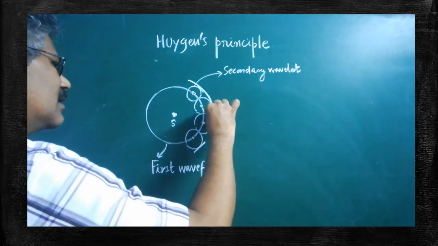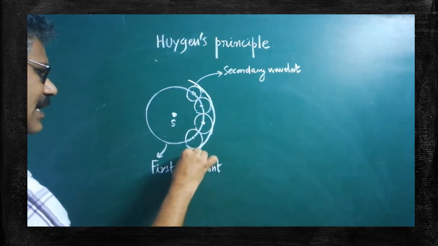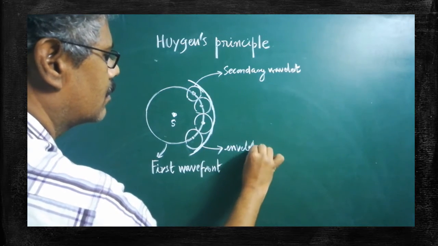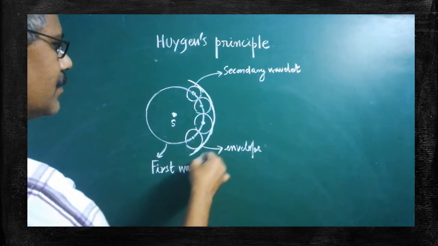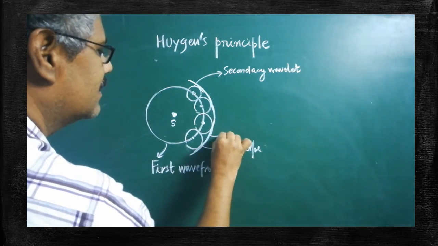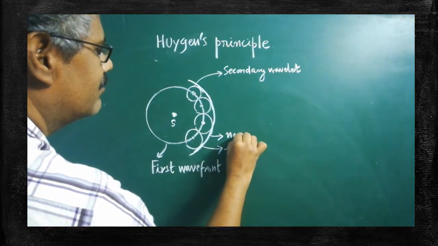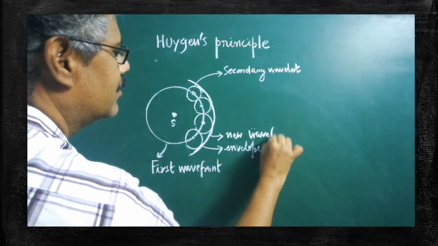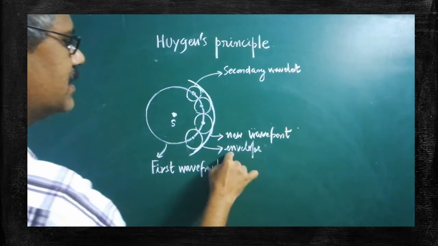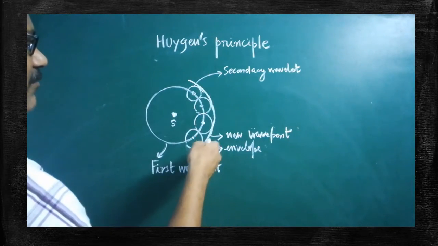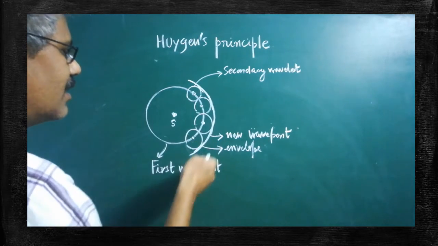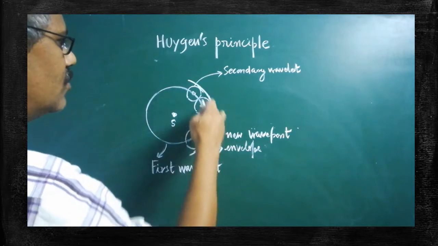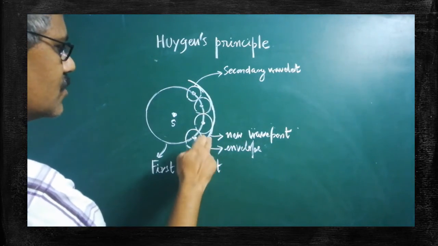If you connect all the tangents together, you will get one envelope. This envelope will act as the next wavefront. A new wavefront will be created due to the formation of the envelope. The new wavefront is nothing but the envelope which is drawn here. So the immediate next wavefront is created by connecting all the tangents.